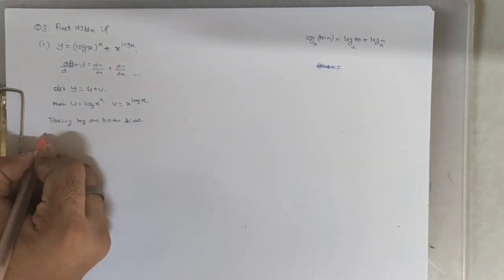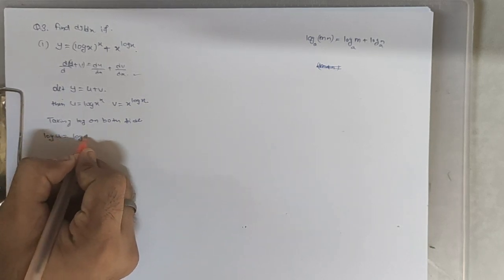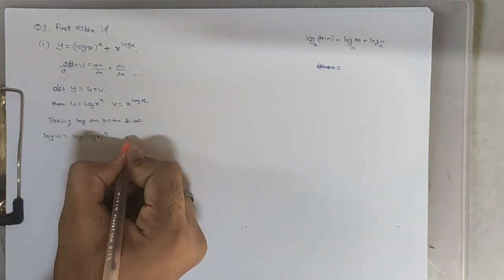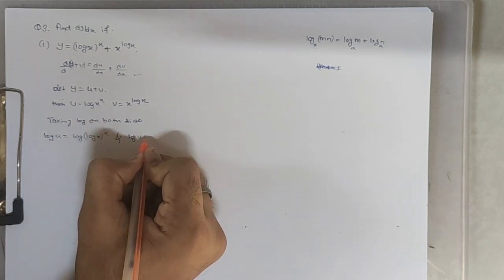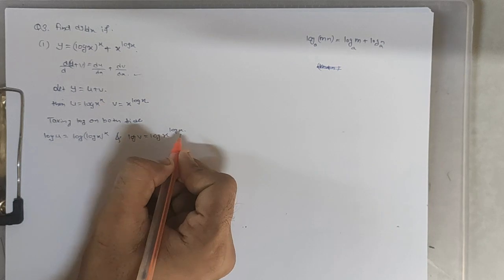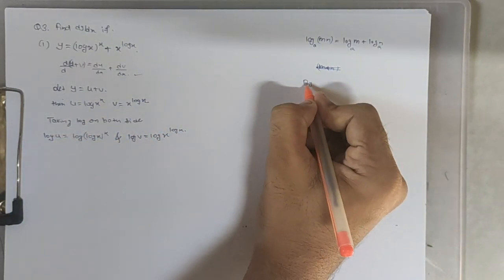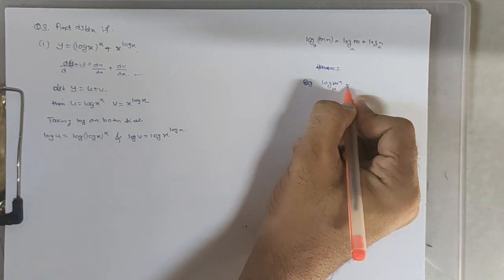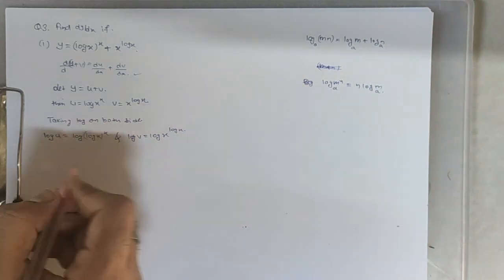So this will be log u is equal to log of (log x)^x and log v is equal to log of x^(log x). So now, by the exponent rule of log, log of m to the power n to the base a can be written as n into log m to the base a.